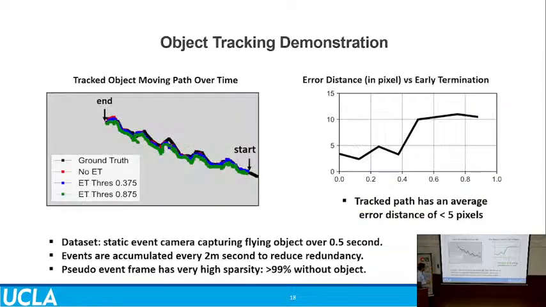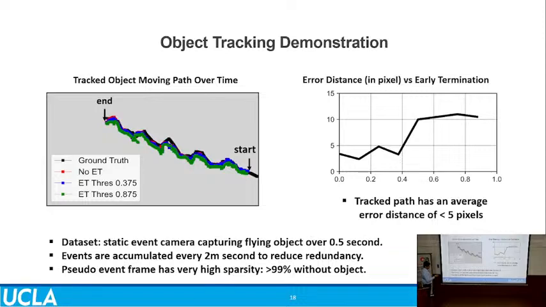How well does the tracking work? This is an example data set where you're tracking a flying object over about half a second, and events are accumulated in 2 millisecond intervals. The black is the ground truth, how the object is moving. Red is tracking without any early termination, and blue and green are tracking with different degrees of so-called early termination.